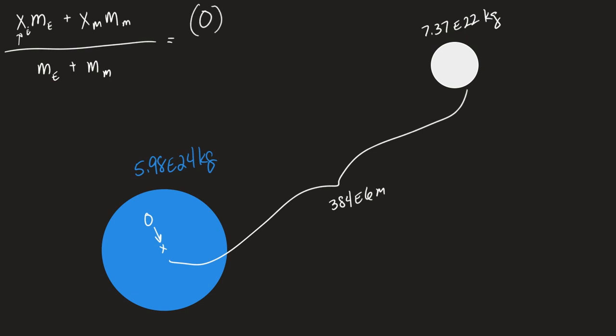And then I will multiply by the mass of the Earth, but I don't really need to write that number in, do I? So as a weighted average goes, the weighting on the Earth is 0 because I'm doing this relative to the Earth. Now I need the distance from the center of the Earth to where my next mass is. Pretty sure that's going to be the 384 times 10 to the 6th. Then I need the mass of that other thing, 7.37 times 10 to the 22nd.